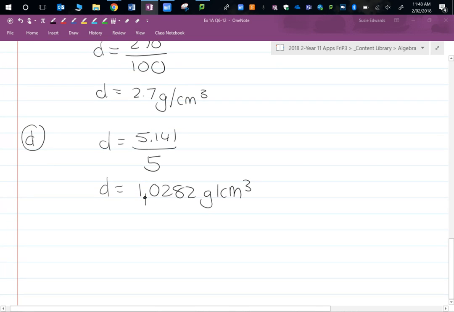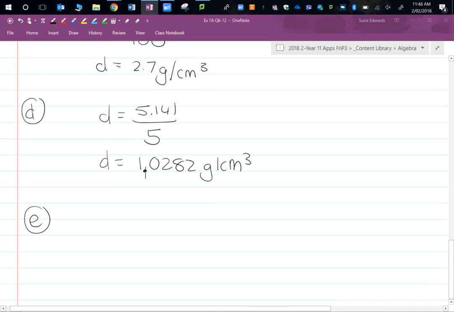Okay, E is where people then got confused, but it's actually still the same thing. It then tells you a depth of 1,000 metres, where 5 cubic centimetres has a mass of 5.164. So what's the difference between D and E? For D, the volume was 5 cubic centimetres and the mass was 5.141.